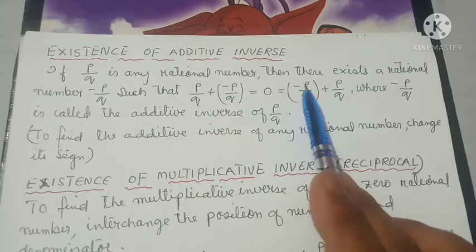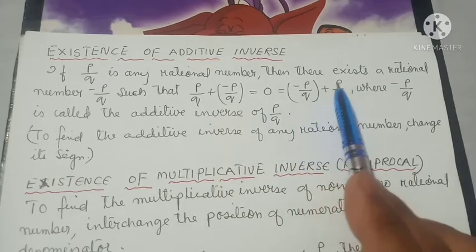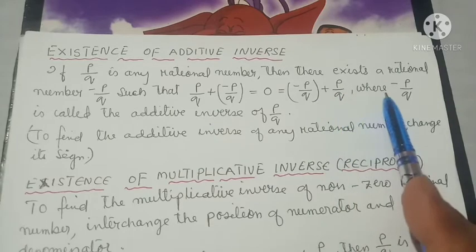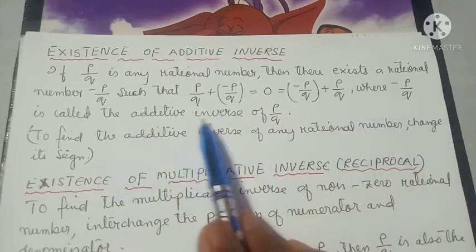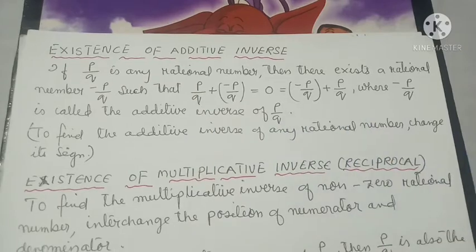So minus p by q is called the additive inverse of p by q. It means that to find the additive inverse of any rational number, what we need is to change its sign. If p by q is positive, then in case of additive inverse, the sign will become minus p by q.